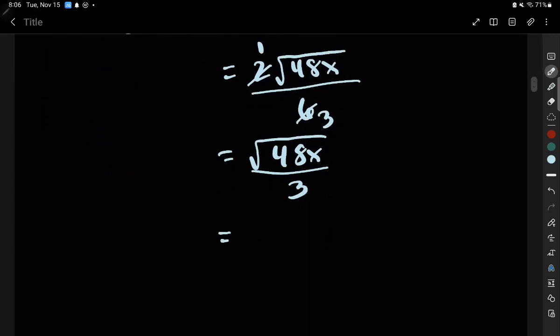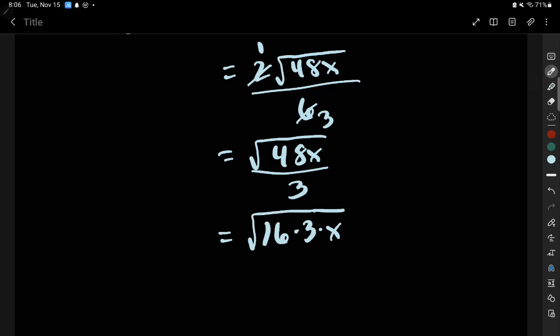We can separate it into 12 and 4, or 16 and 3. Yeah, 16 and 3. 16 times 3 times x, because 16 times 3 is 48.